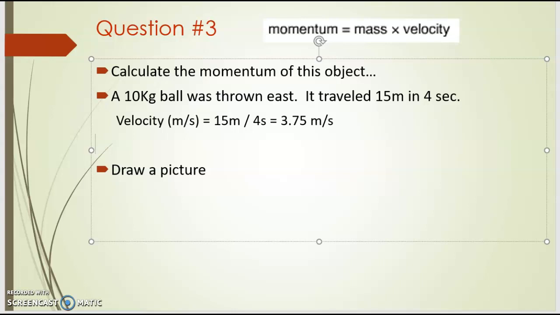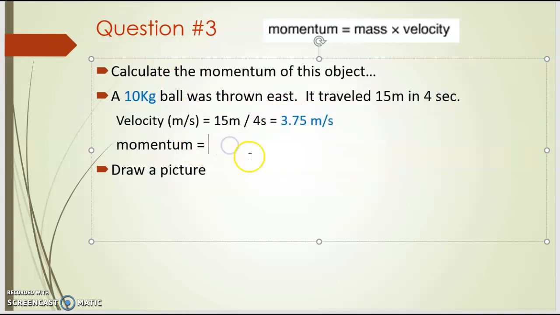And then we have our momentum formula. Momentum is equal to mass, which is 10 kilograms, right? So we know our mass, we know our velocity.